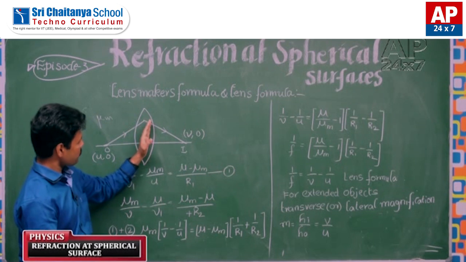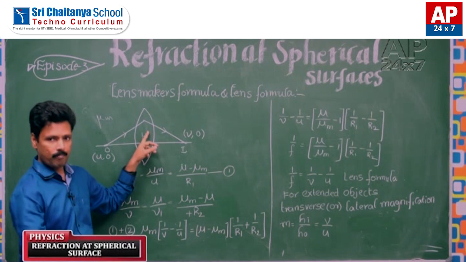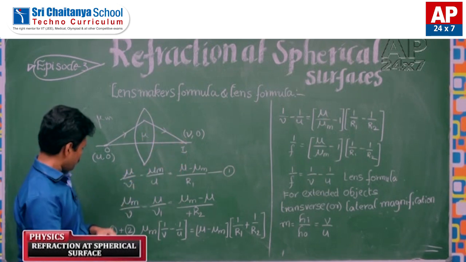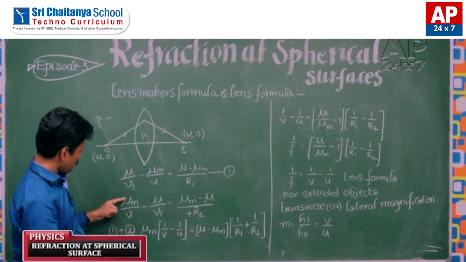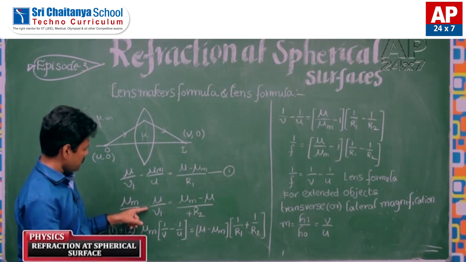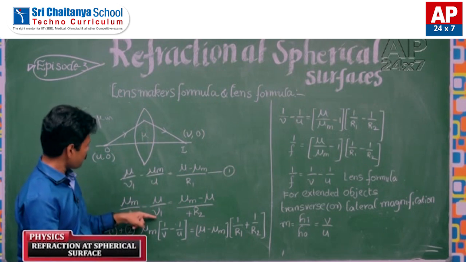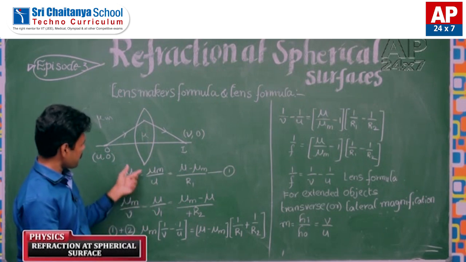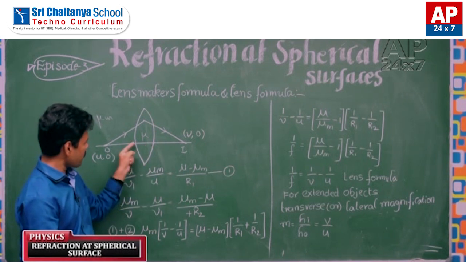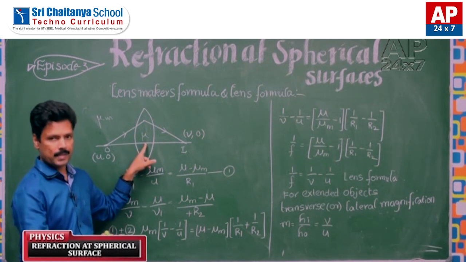Now taking refraction from here to here, this lens becomes medium 1 and this becomes medium 2. So it is now mu 2, that is mu of the medium by v, minus mu 1, that is mu of the lens by v1, because in this case the thickness of the lens is very small. So whether we take from here or from here or from the center, it will be the same value.